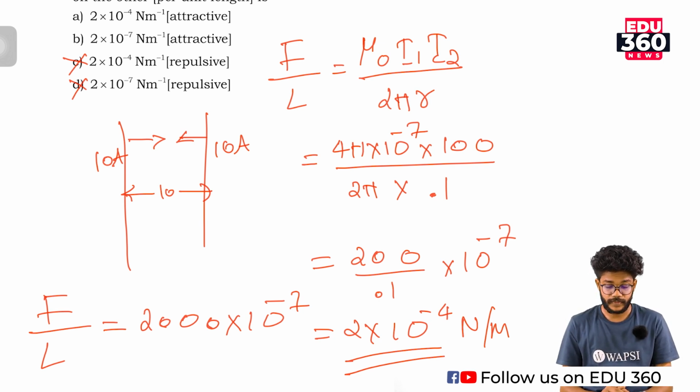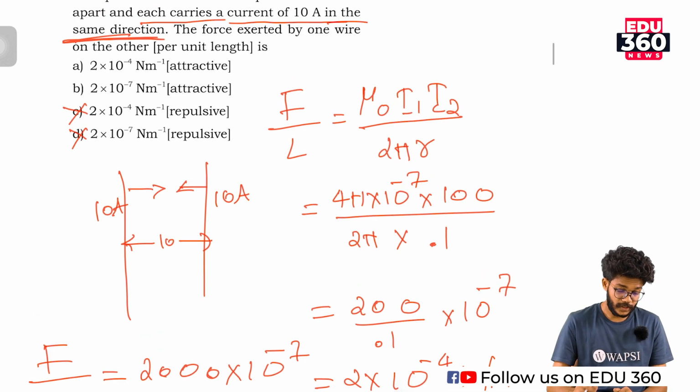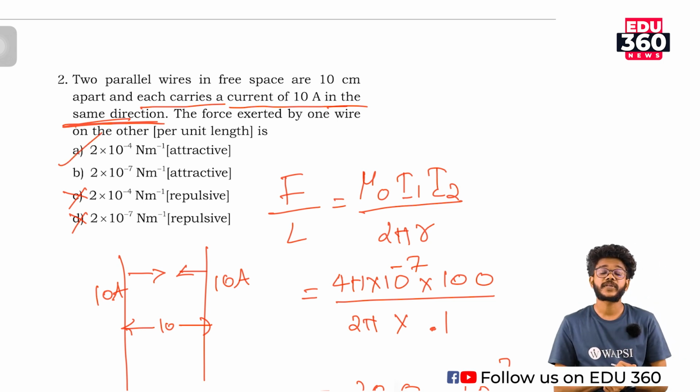So 2 into 10 raised to minus 4, attractive, which is option A, is the correct answer.